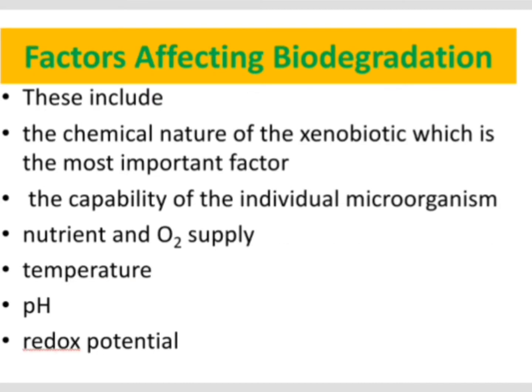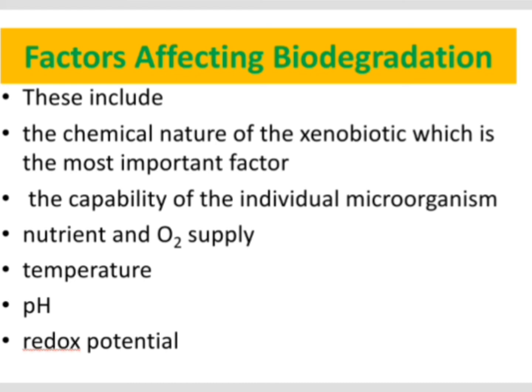Next is factors affecting biodegradation. There are various factors that influence the biodegradation of xenobiotics. They include the chemical nature of the xenobiotic, which is the most important factor. Depending upon the chemical nature of the xenobiotic, the microorganism can either quickly or slowly degrade it.